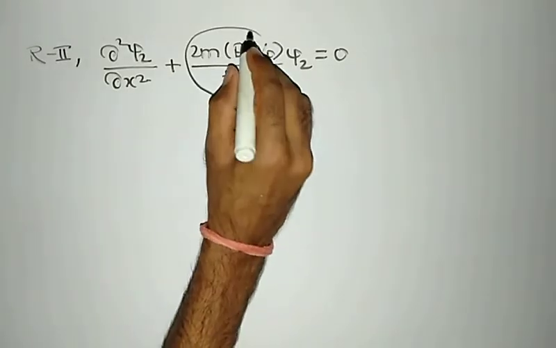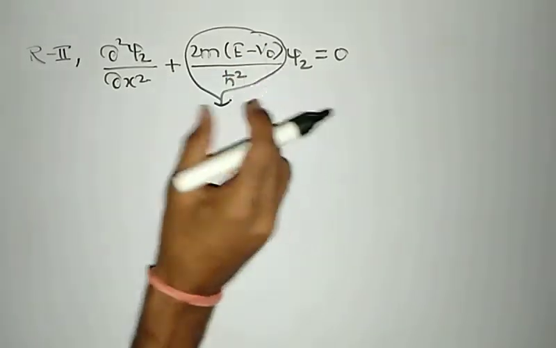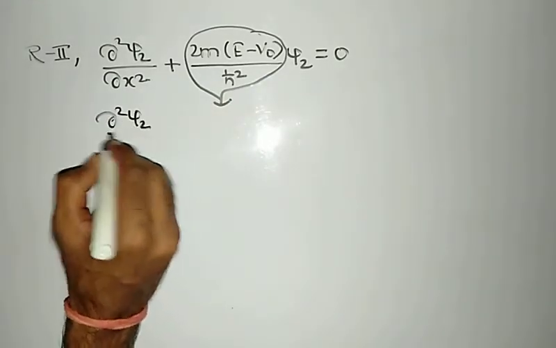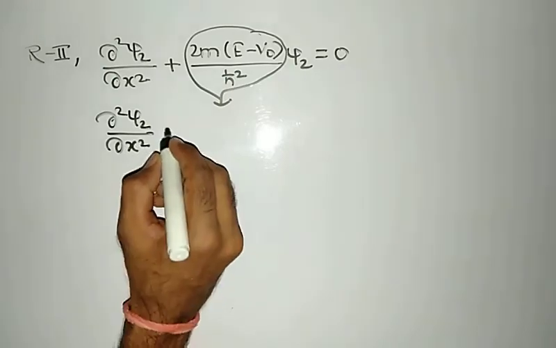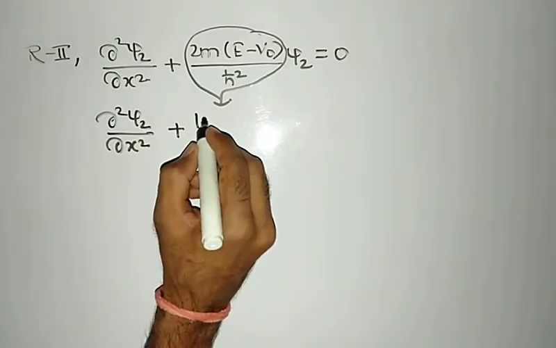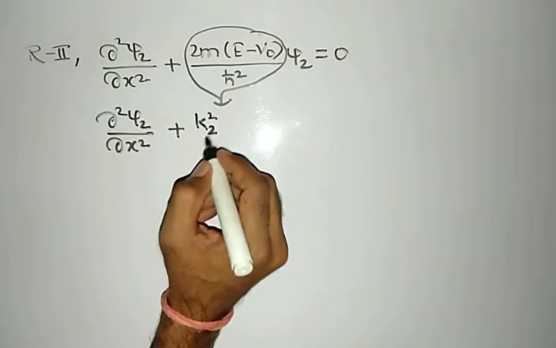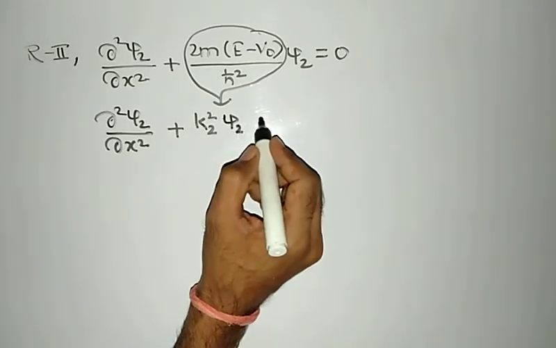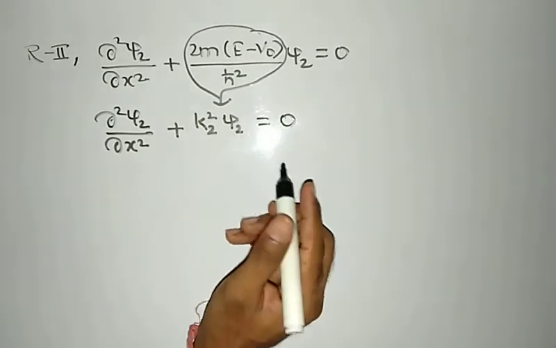This part we will take as k2. So del square psi 2 upon del x square plus k2 square psi 2 is equal to 0.